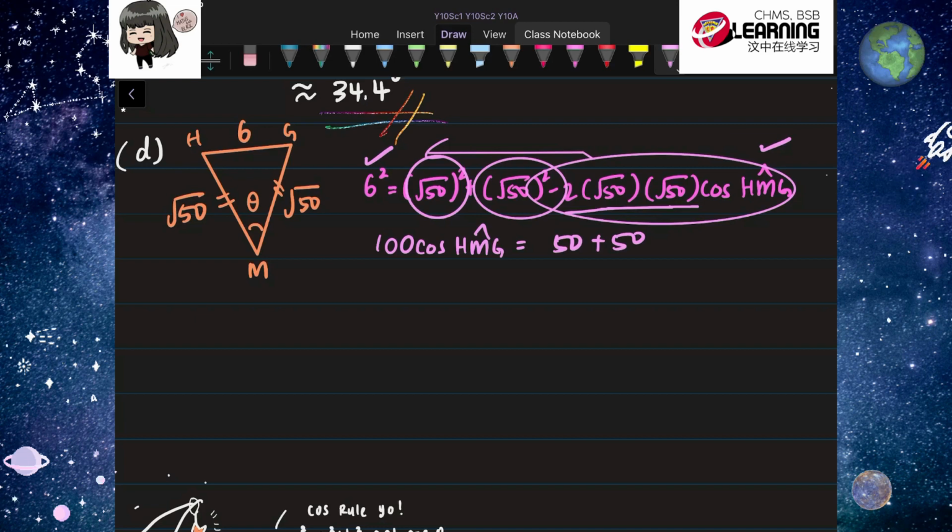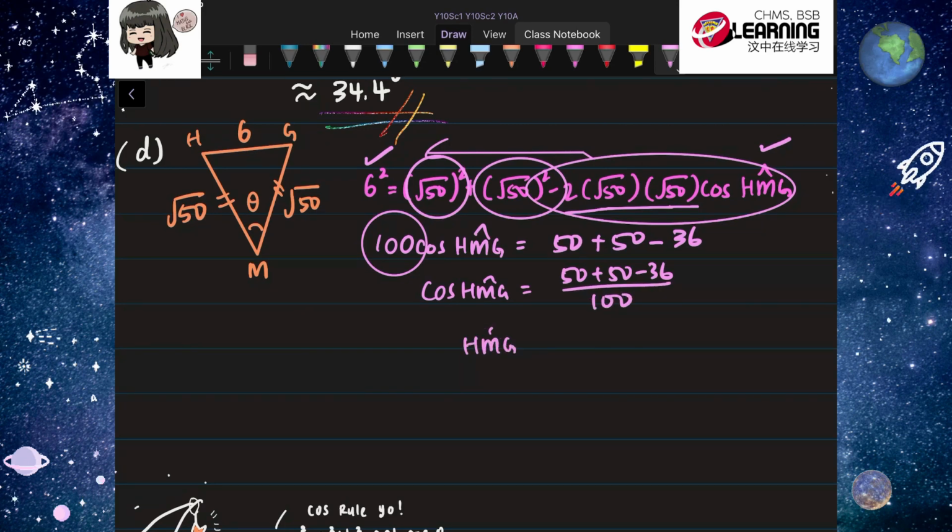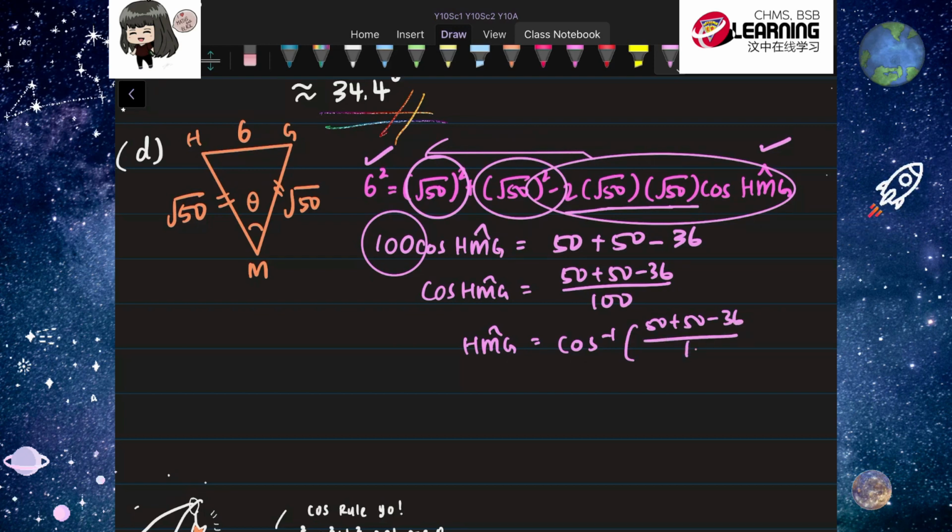You can try pressing the calculator for that. Then minus 6 square is 36. And then I move this 100 to the other side. Actually, you can press the whole thing in your calculator already. So shift cos this whole thing in your calculator, it will become 50.21. So rounded off to one decimal place is 50.2 degree.